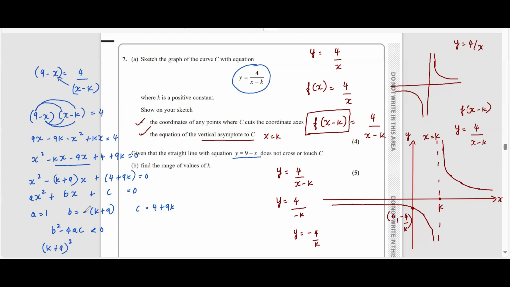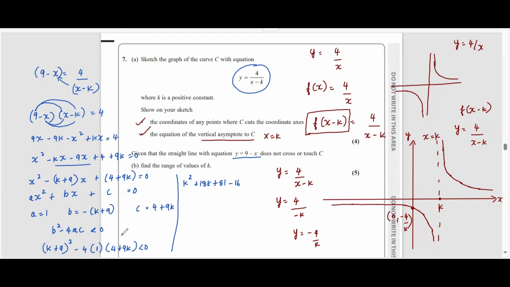So here b square will be k plus 9 the whole square minus 4 into a is 1, c is 4 plus 9k. It should be less than 0 because it does not touch or cross the curve C. So k plus 9 the whole square, that is k square plus 18k plus 81 minus 4 into 4 is minus 16.